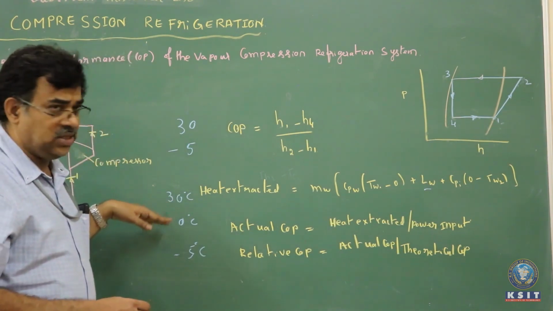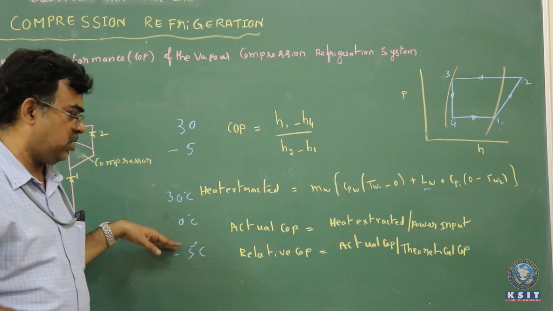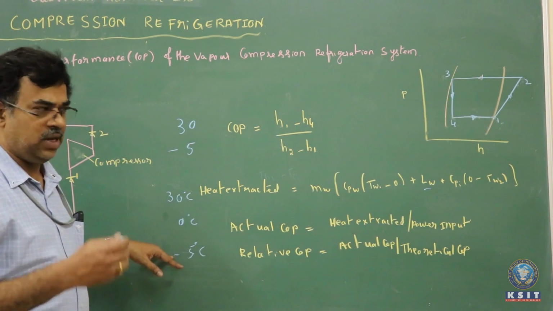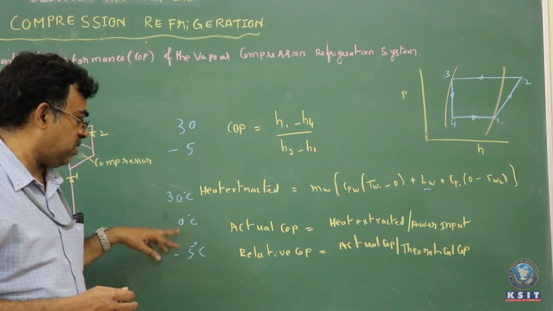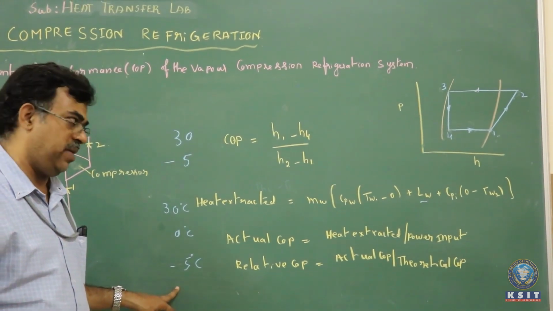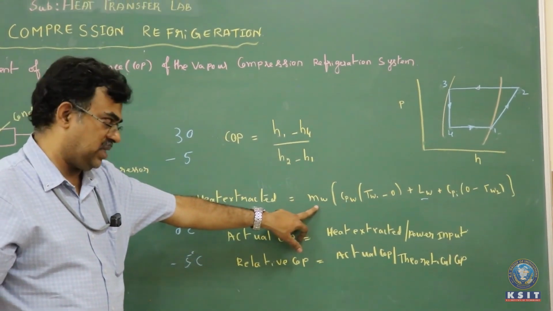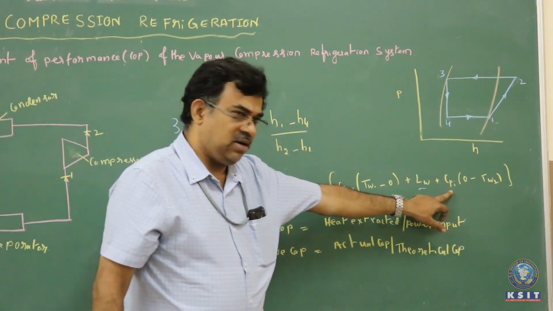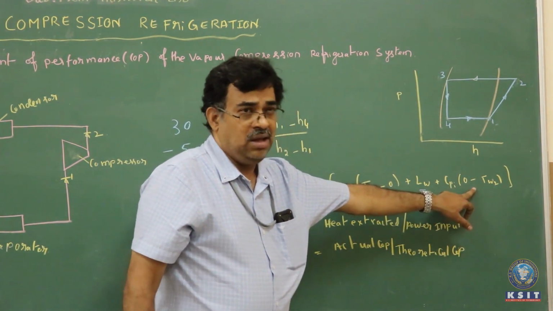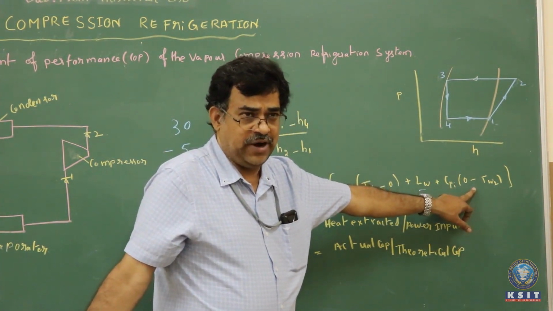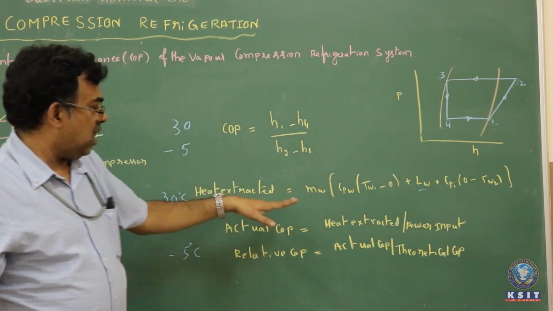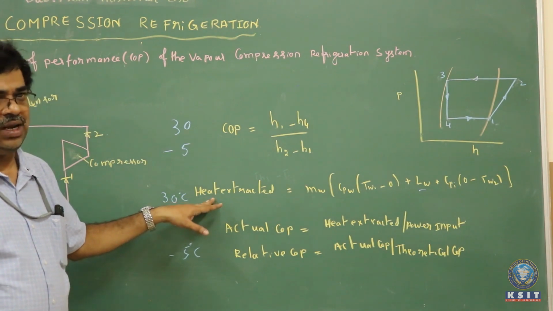Once the water is completely converted into the solid state, if we decrease the temperature further from 0 to minus 5 degrees, the mass of water ice remains the same, with the specific heat of ice and the temperature difference of 0 to minus 5 degrees. Now you calculate the total heat extracted.